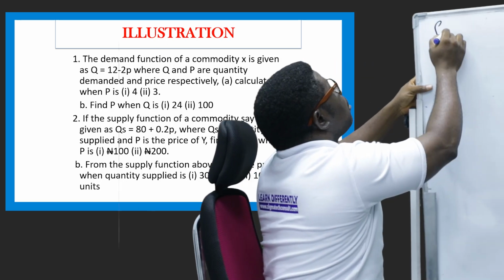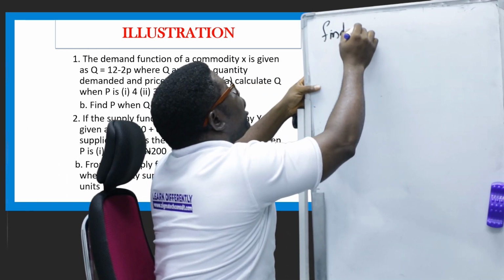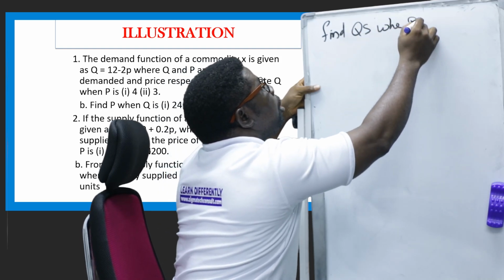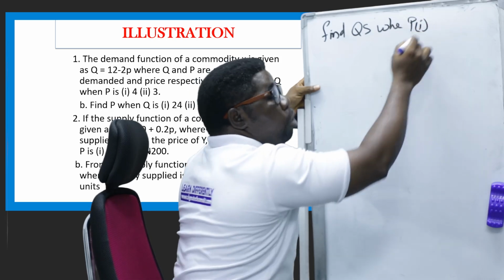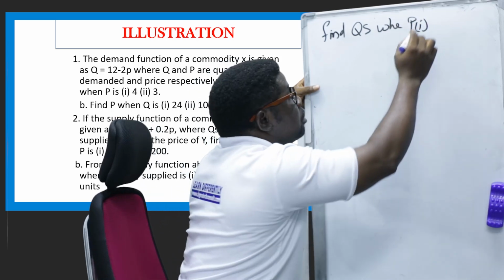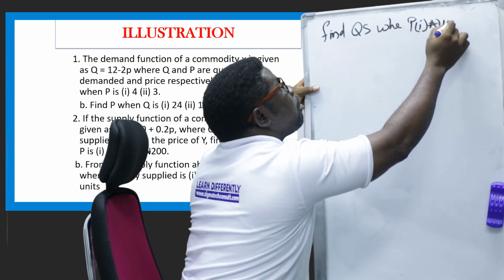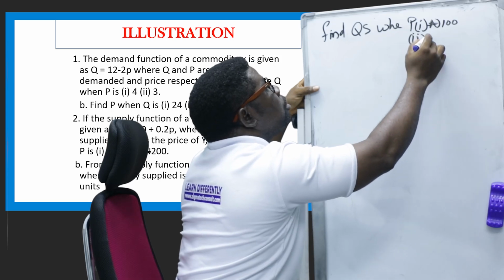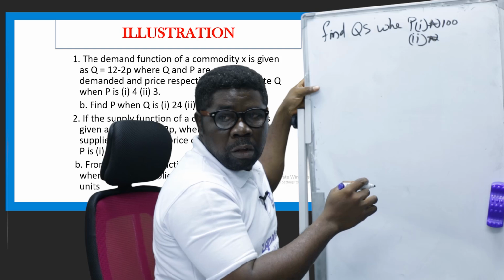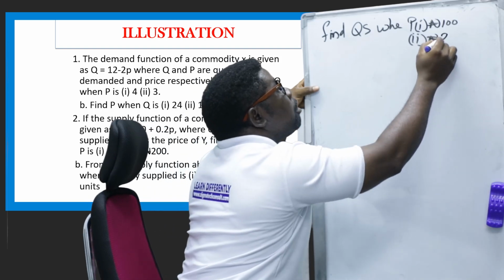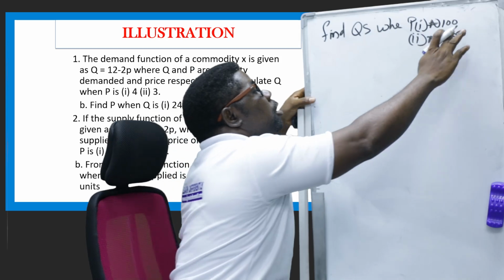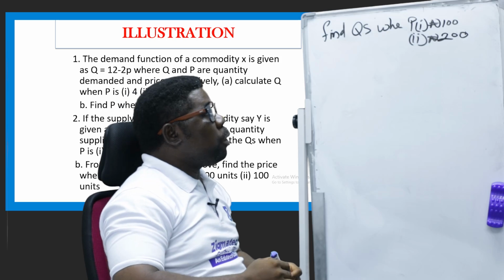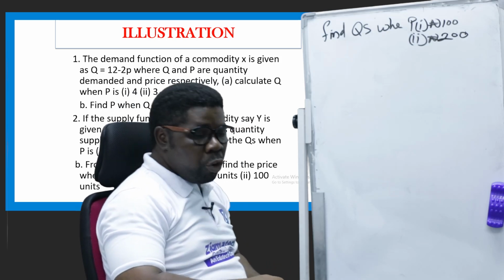So find QS when I is 100 naira, and II that's 200 naira. So this is our assignment. We're going to look for quantity supply when P is 100 and 200.